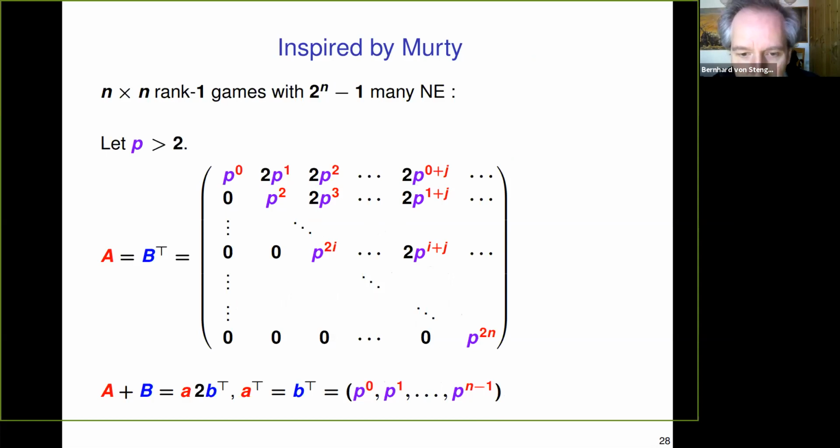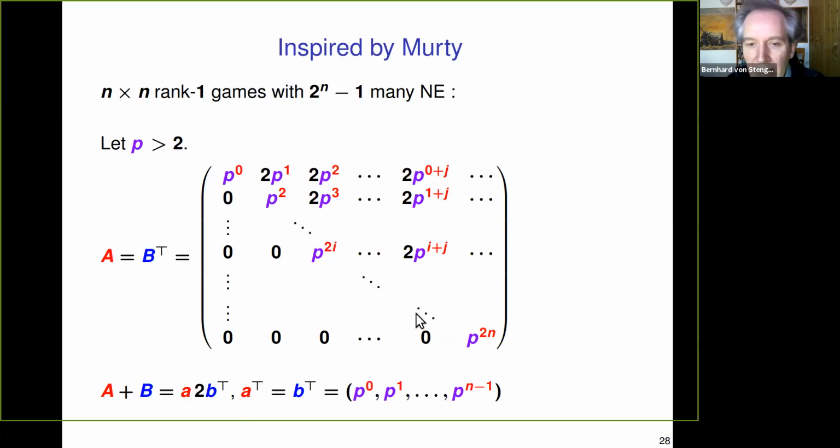Here's the construction. I take a number, say 4 or 3, bigger than 2. It doesn't have to be an integer as long as it's bigger than 2. Now I do the following. It's an upper triangular matrix, so I have zeros below the diagonal, and on the diagonal p to the 0, p to the square, p to the 4, and so on.